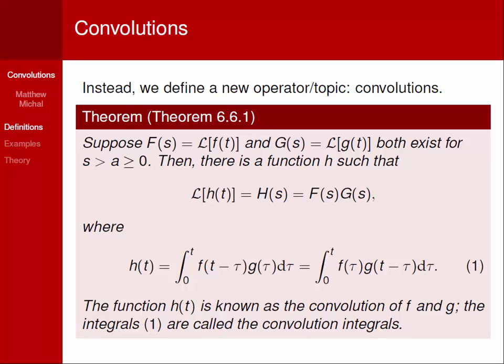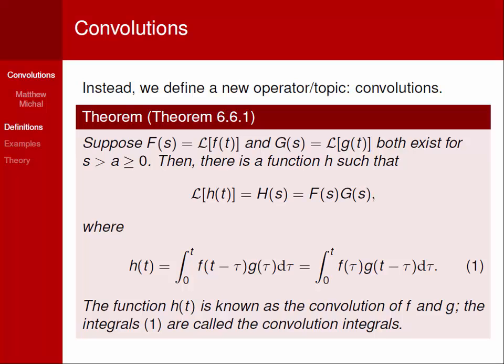So, if we have two things multiplied together, F of s and G of s, where big F of s is the Laplace transform of little f of t, and big G of s is the Laplace transform of little g of t. When we multiply the big F and G together, we get a new function, big H of s. We can find little h of t by convolving the two.